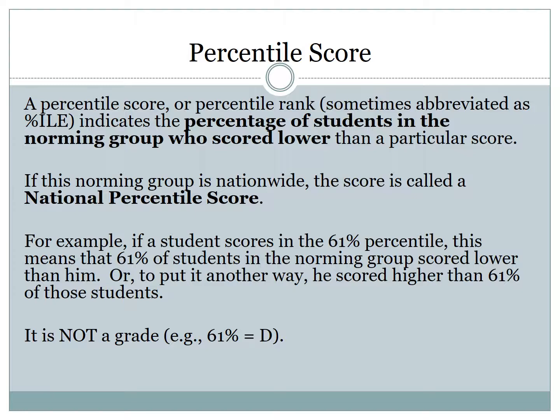It is not a grade, so don't think in terms of a grading scale, where if you take a course and you get a 61, that would generally translate to a D. It's not that. If you scored in the 75th percentile, you scored higher than 75% of the students. If you scored in the 90th percentile, you scored higher than 90% of the students in that original norming sample.